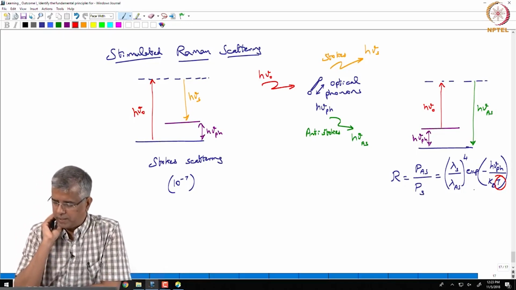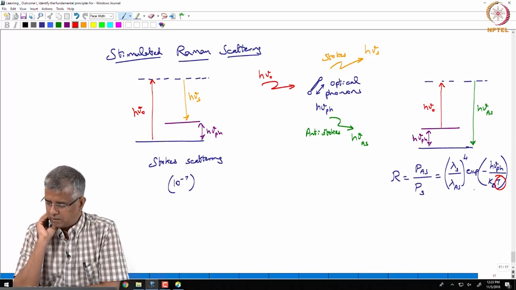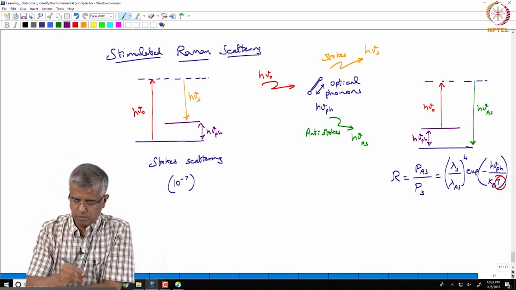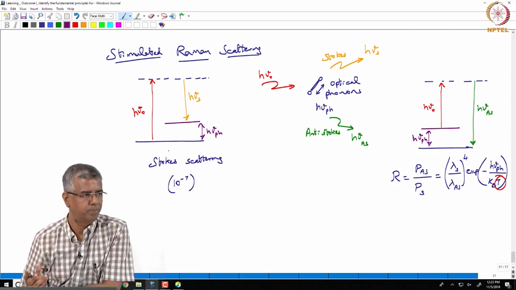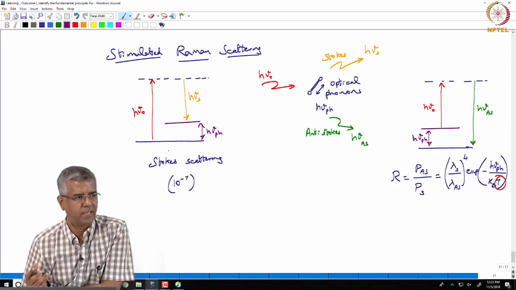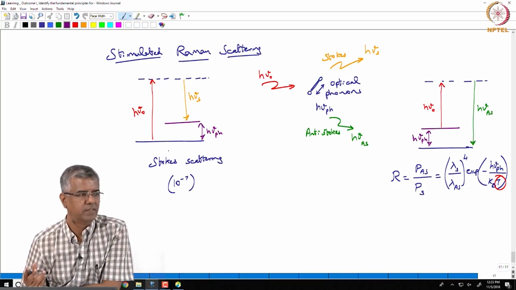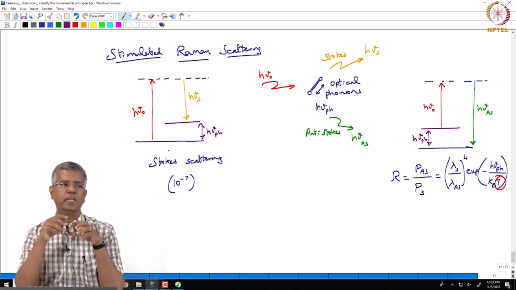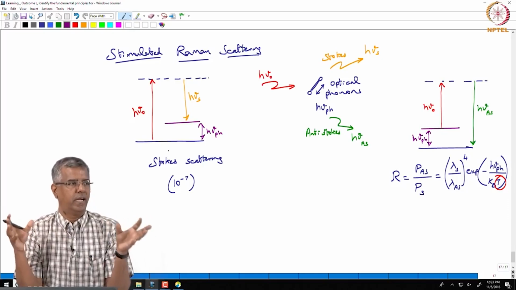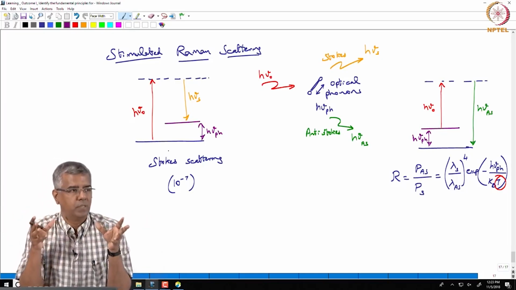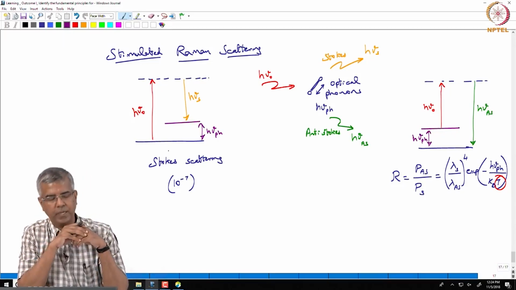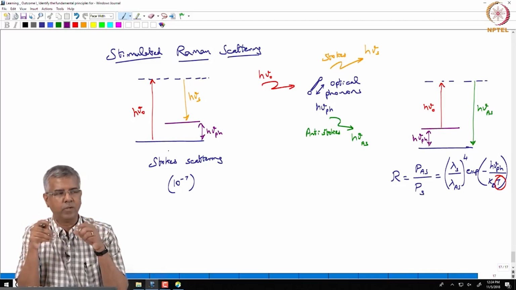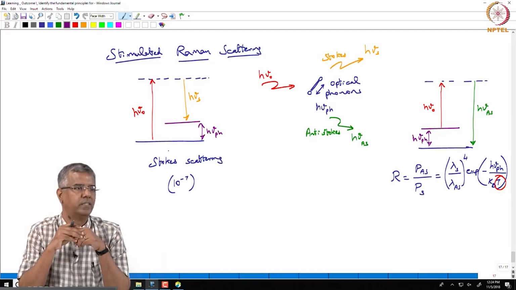Okay. So that is one aspect. The other aspect is that this phonon energy is different, it is a characteristic of the medium, right. If the medium is a crystal, what do you expect? If it is a crystal, then it is a periodic arrangement of all these atoms, and so all the molecules are exhibiting similar properties. So the phonon energy spectrum is going to be very narrow, meaning that the phonon energy will be a very specific energy.